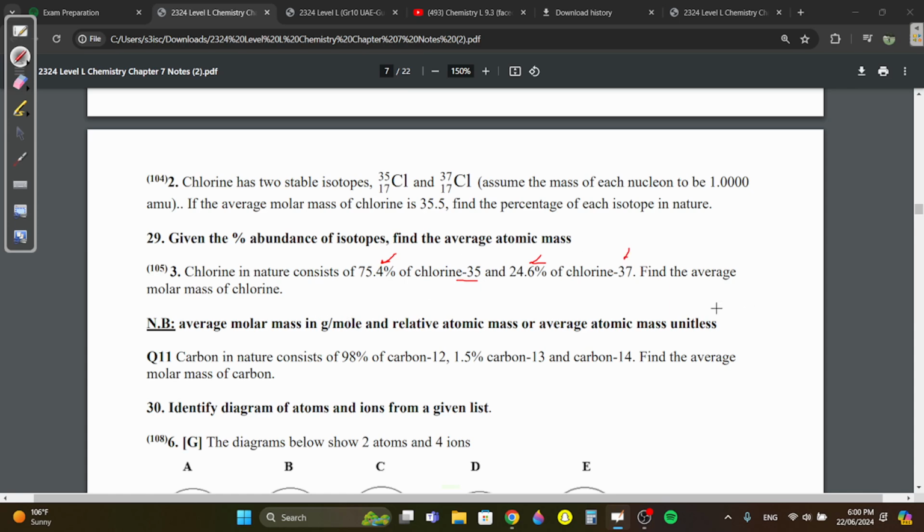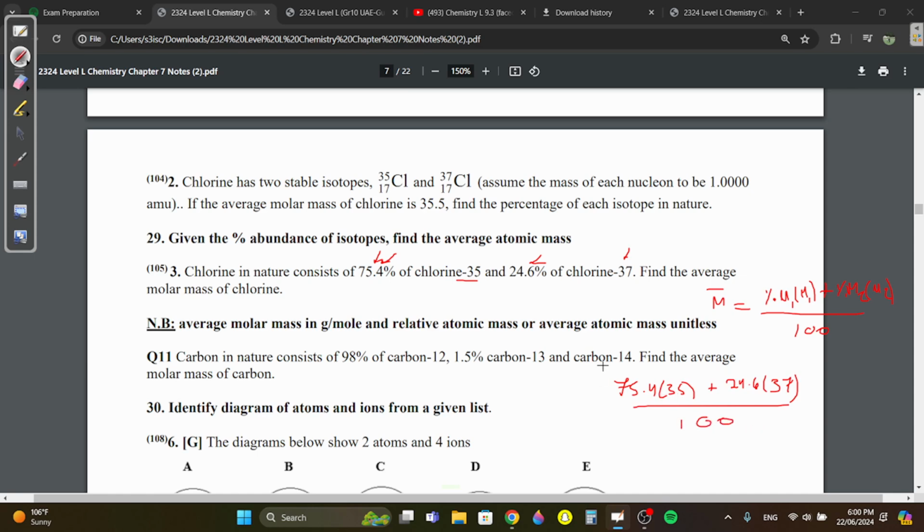The average molar mass is equal to percentage M1 times M1 plus percentage M2 times M2, over 100. So in this case, it's going to be 75.4 times 35 plus 24.6 times 37 over 100.